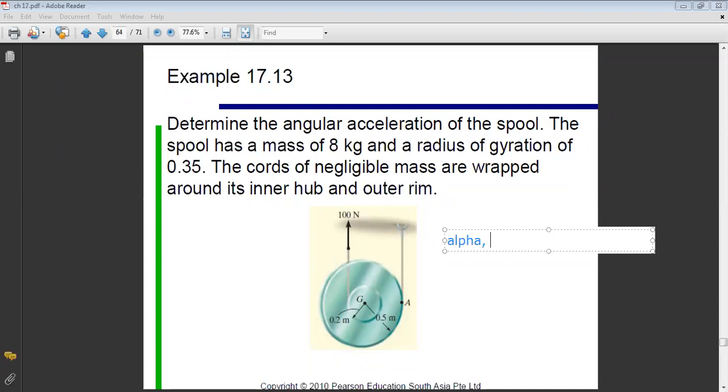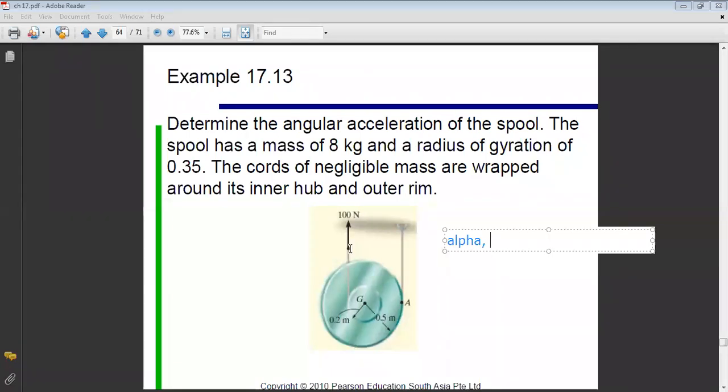What are my other unknowns? Tension? No, tension is 100 Newton. It's given. The force here is given equal to 100 Newton.